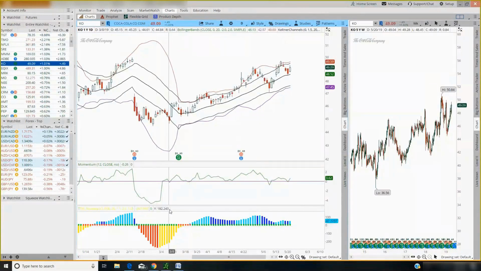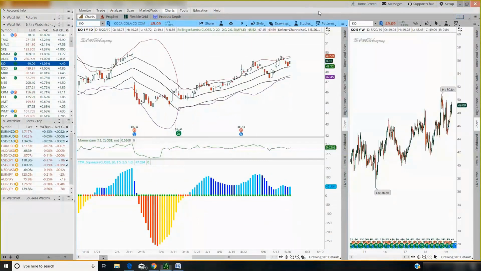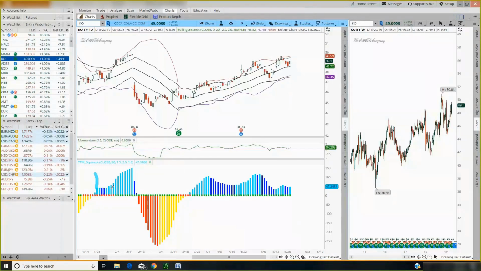If we look at this indicator, we've talked about this before, but let's just digest what this means. Okay, so whenever you see this light blue, that is positive momentum, okay?